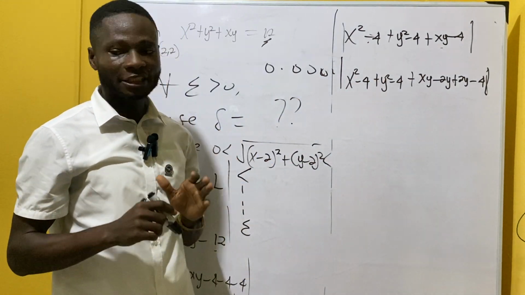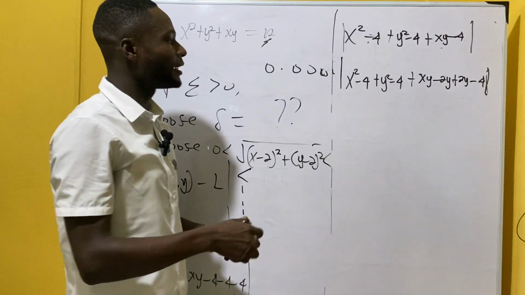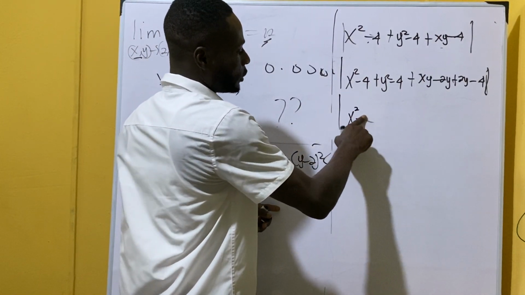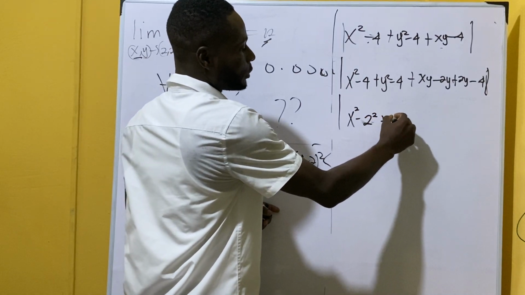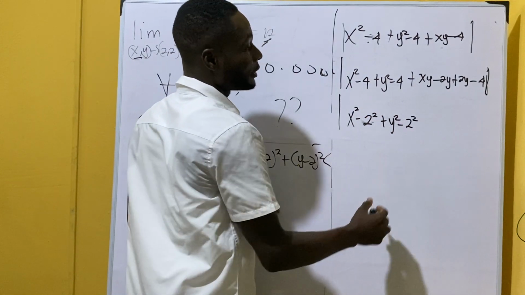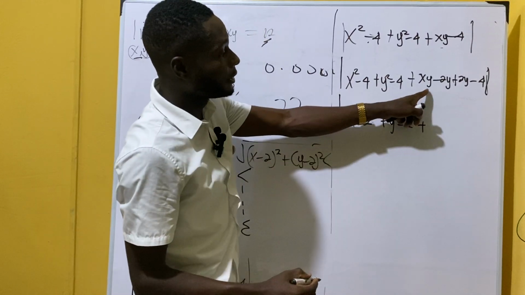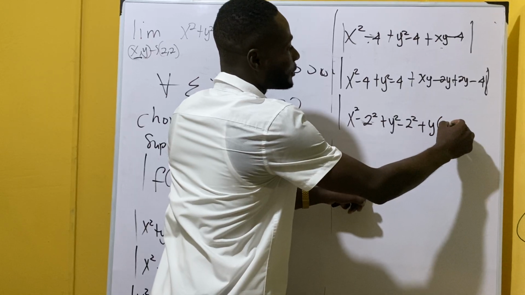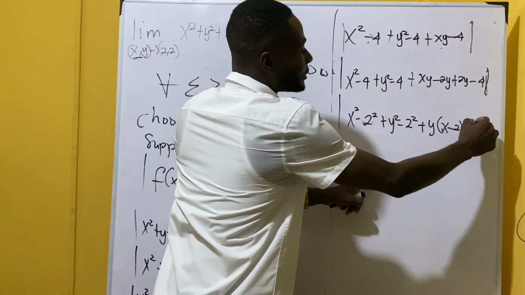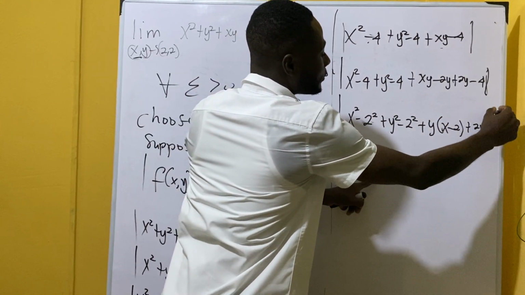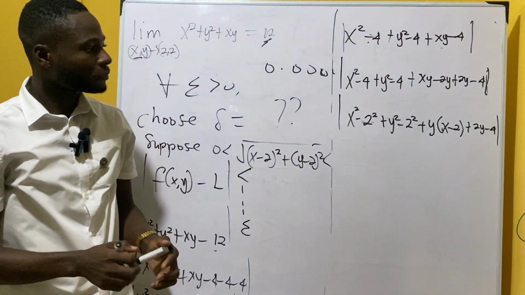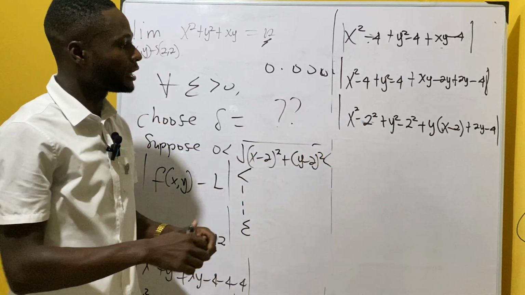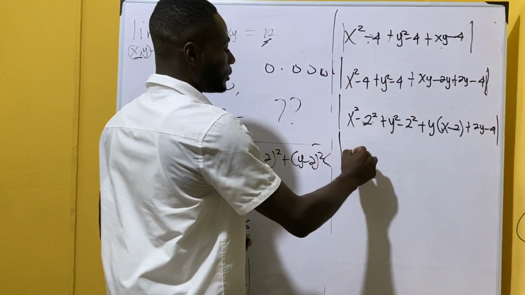So we have x squared minus 2 squared plus y squared minus 2 squared plus this xy minus 2y. We can factor y out and say y times x minus 2 plus 2y minus 4.